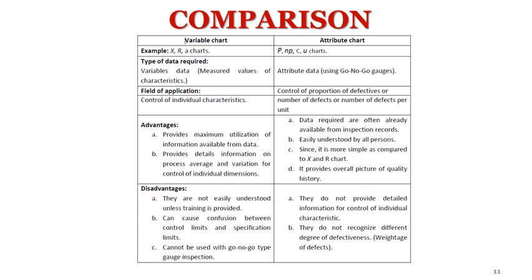The field of application of a variable chart is control of individual characteristics. For an attribute chart, it is controlling whether parts are defective or not. So this is the comparison of variable charts and attribute charts.